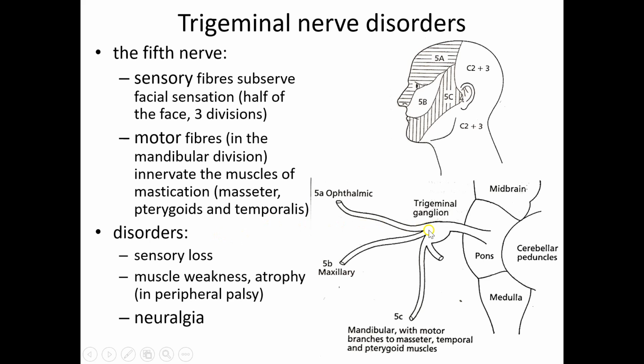Here you can see the trigeminal ganglion leading to sensory nerves, and the motor fibers travel in the mandibular branch. Ophthalmic and maxillary are pure sensory, but the mandibular has motor branches to masseter, temporalis, and pterygoid muscles. So it is a mixed nerve originating from the pons.